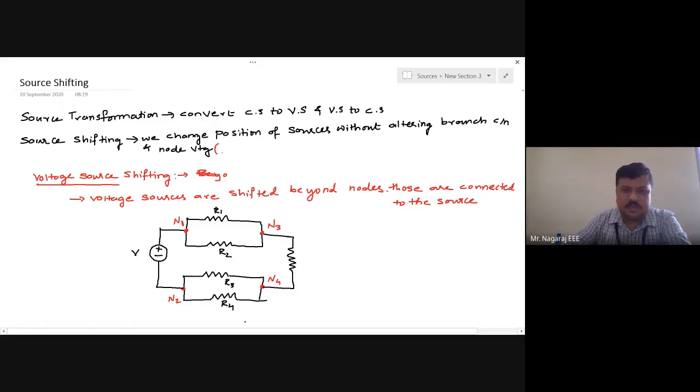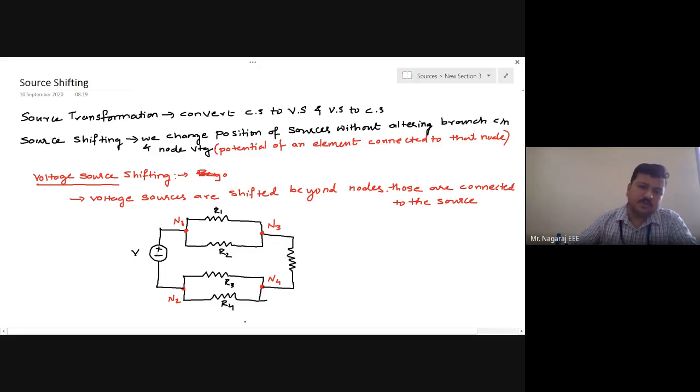Or particularly, the potential of an element connected to that node. I am not interested in the node voltage exactly, but in the potential of the element to which that node is connected.